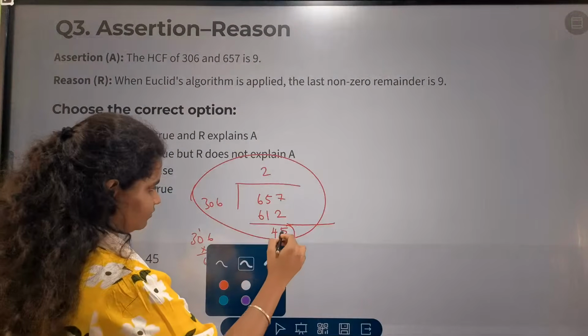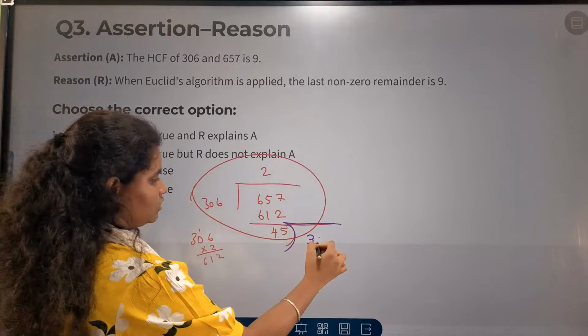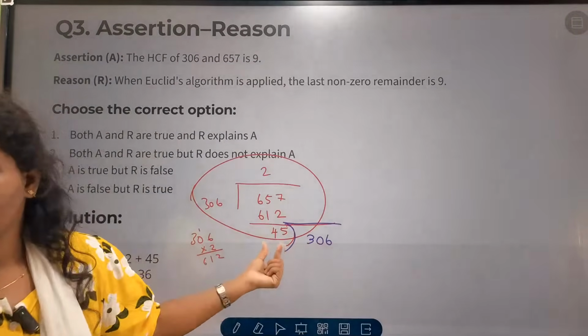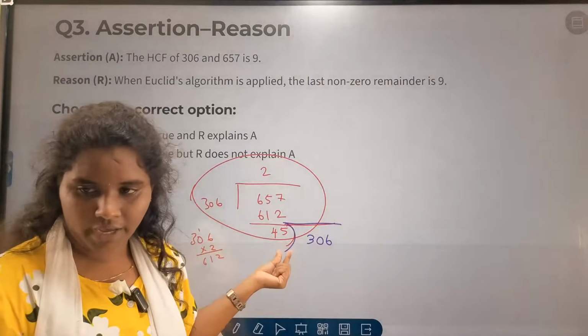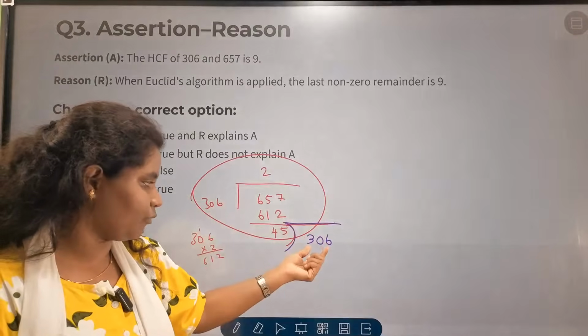Here the remainder is 45 and the new divisor is 306. I'm going to put it inside.